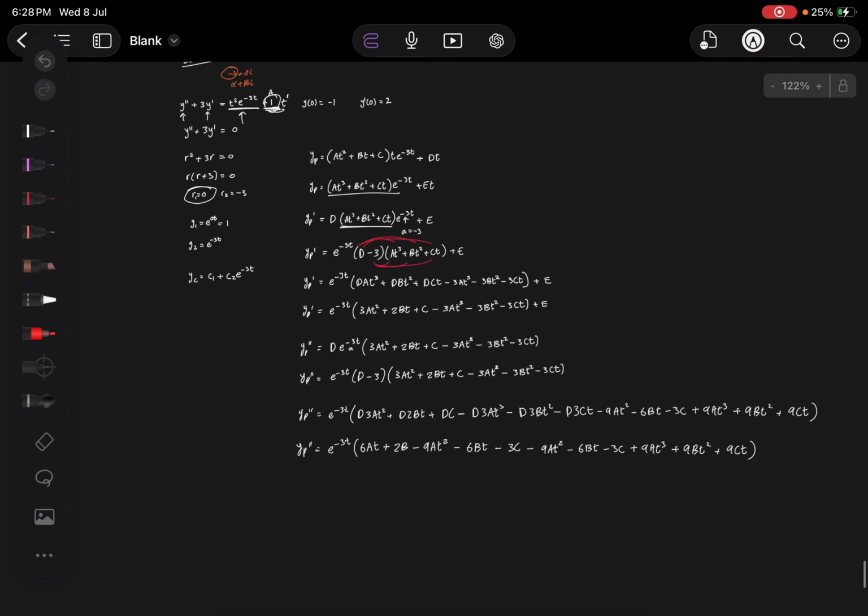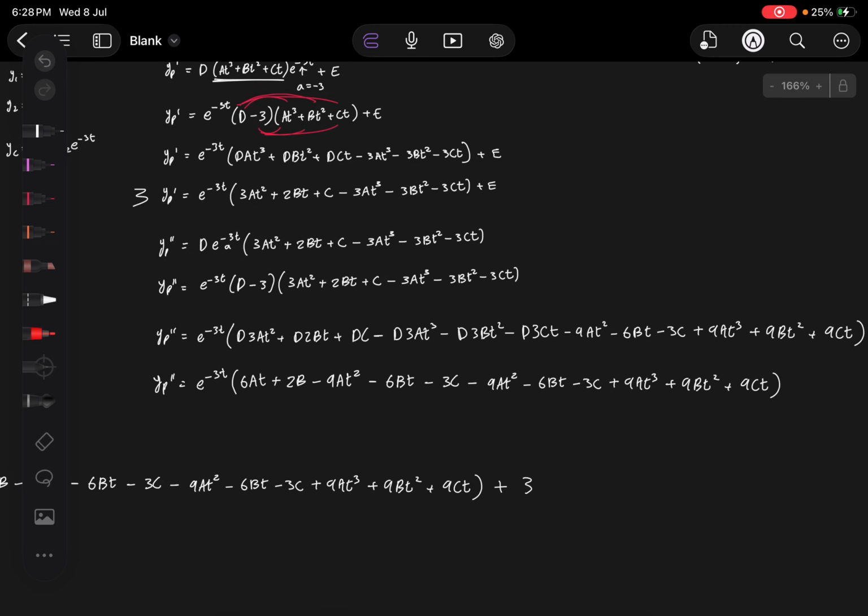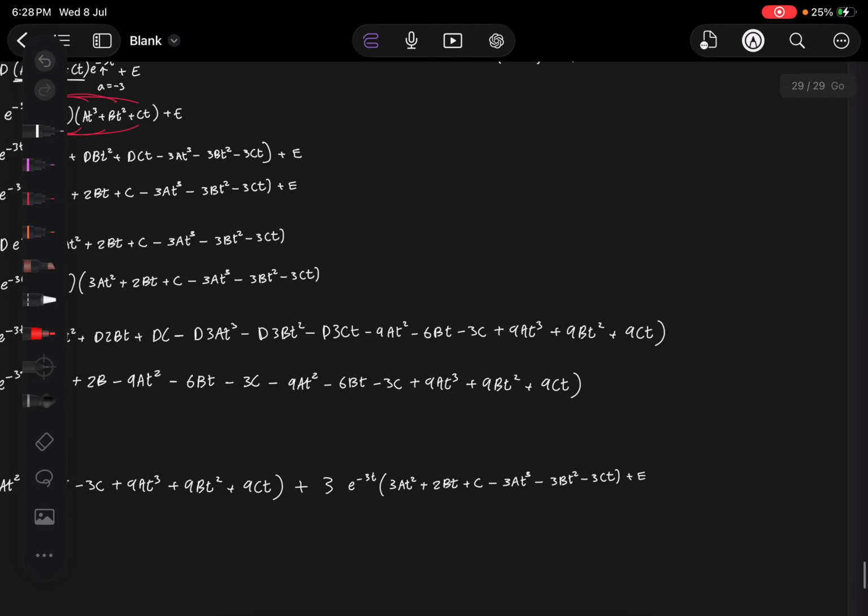Next, what you can do is you plug this here. Imagine writing all of this in the exam. Plus 3 times the first derivative. What's the first derivative? This. Plus 3 times this. You have to put it in parentheses because there's an e.